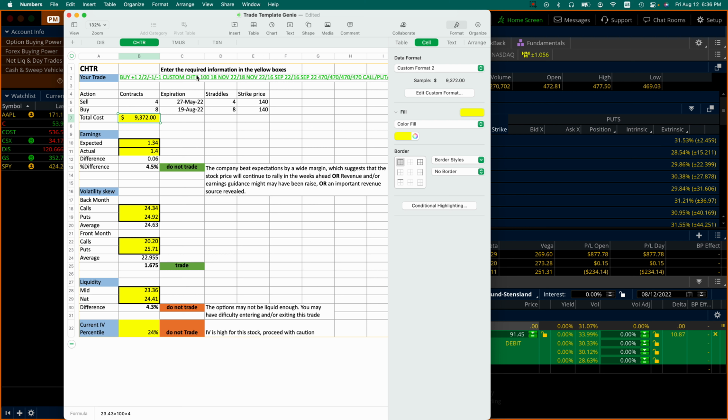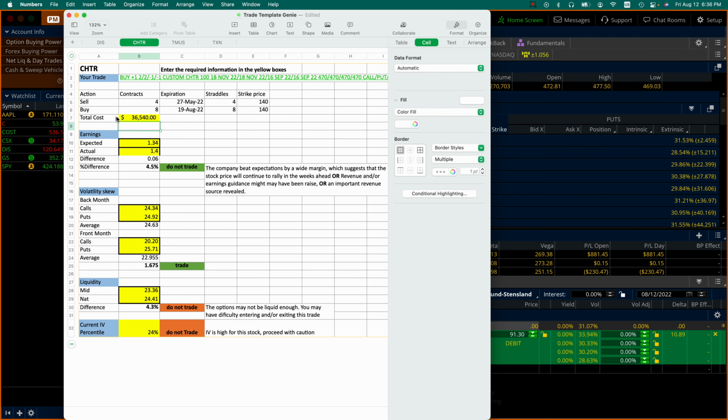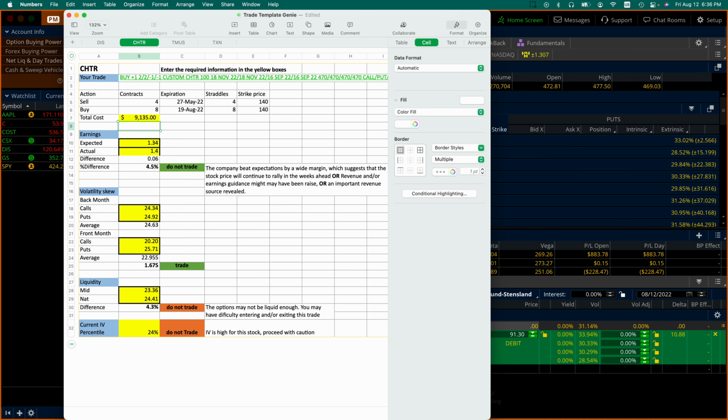That's only one. We're going to do only one trade. 91.35. That's one trade, not 4. So just one trade generates a trade that is $9,135. We can't really do 2 of them because it would be 18. That's too much. More than 10% of our account, we don't do that.